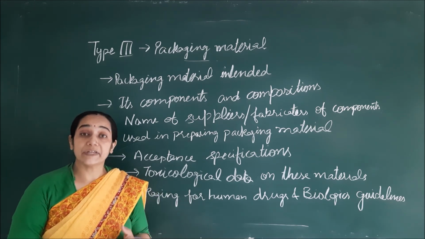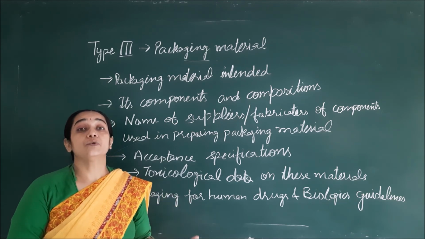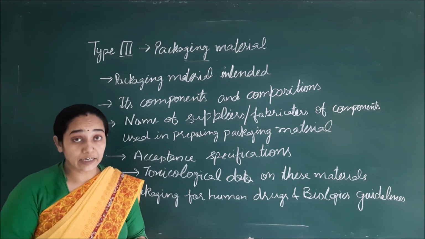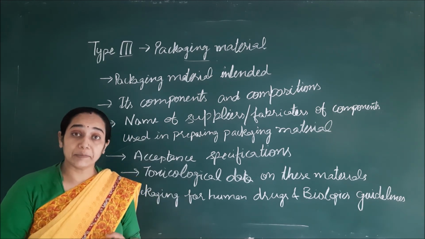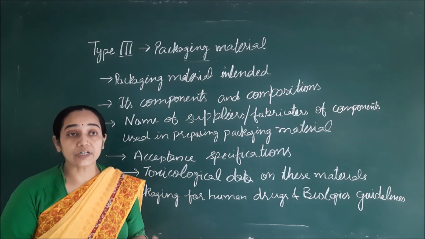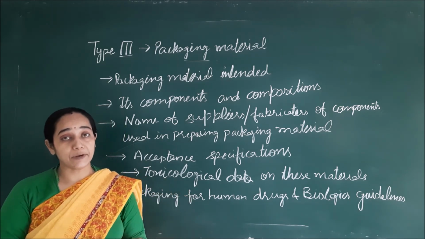Whereas to dispense the solid dosage form, we make use of strip packs and blister packs, and certain tablets are also dispensed in bottles. They may be glass bottles or plastic bottles.